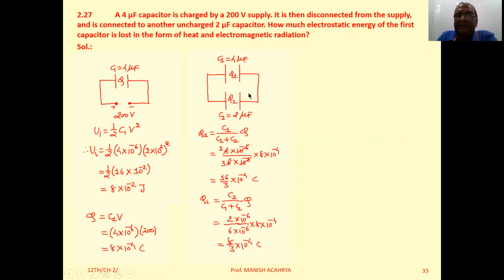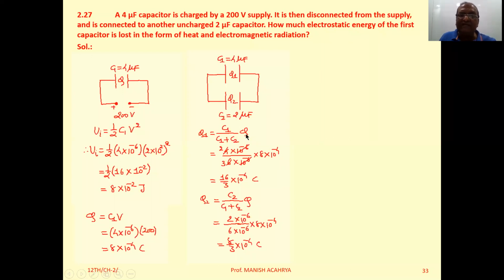Suppose when the common potential is established, the charge on C1 is Q1 and charge on C2 is Q2. So we can write Q1 is equal to C1 upon C1 plus C2 into Q. C1 is 4 into 10 raised to minus 6, and C1 plus C2 we can write 4 plus 2, 6 microfarad, so that is 6 into 10 raised to minus 6.